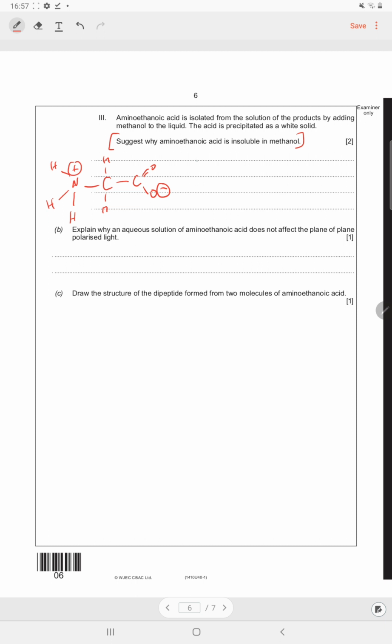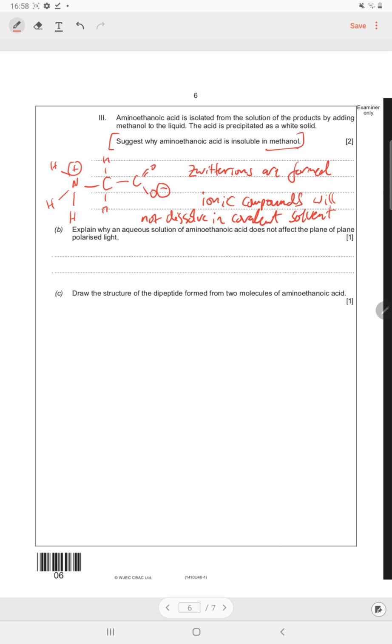So the first thing I would say is zwitterions are formed. So we've got this ionic nature, and because methanol is a covalent solvent, ionic compounds generally will not dissolve in a covalent solvent.